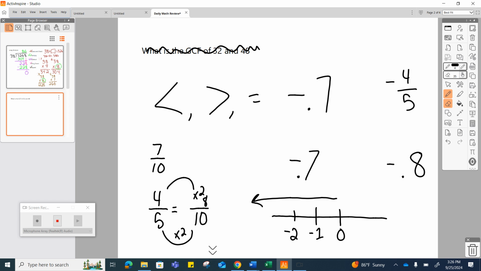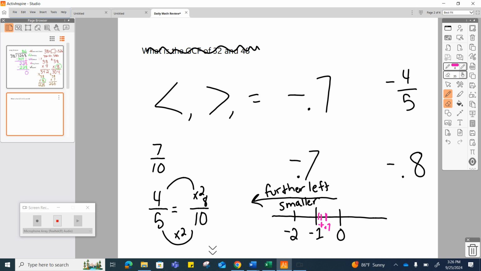And the further away from 0, further left, the smaller the number is, or the less value. So for instance, 0.7 would be there, 0.8 would be there, 0.9 would be there. So hopefully that made some sense.